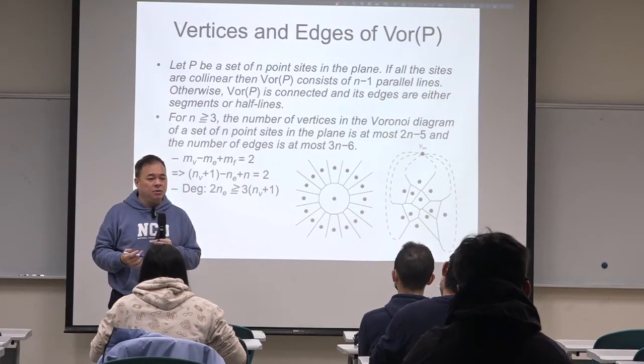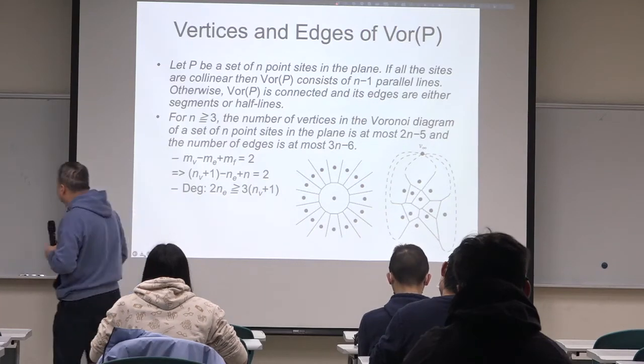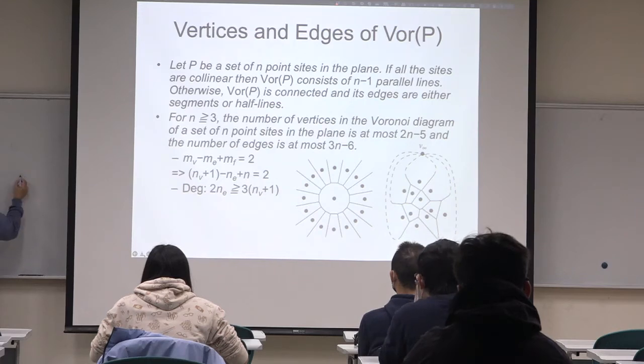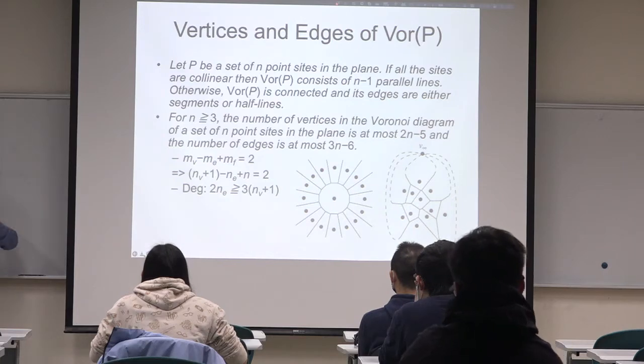And then you would find that, if I say this is the middle point between P2 and P3, and we draw another vertical line, the Voronoi diagram will be these two parallel vertical lines.